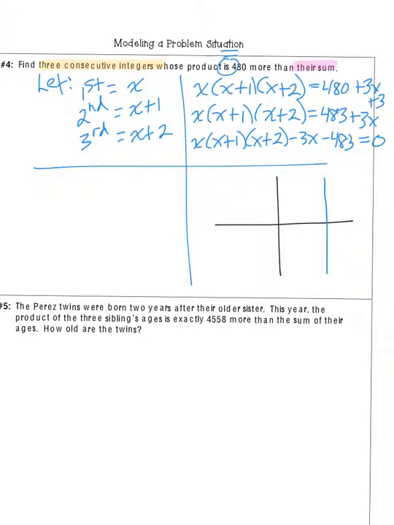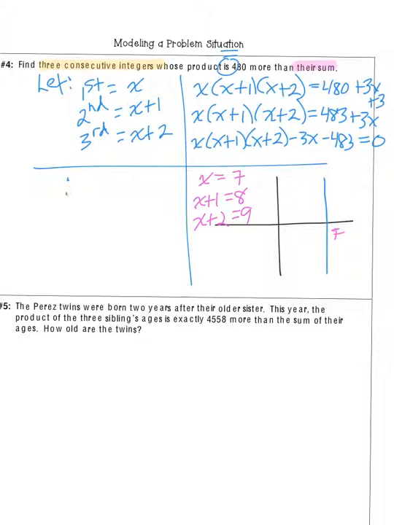So go and hit your second calc on your calculator and find the 0 command and find the value of this. It appears that it's near the number 7, which in fact, if you do second calc 0 and do left bound and right bound, you do come out with x equaling 7. And so that means that x plus 1 is going to be 8 and x plus 2 is going to be 9.